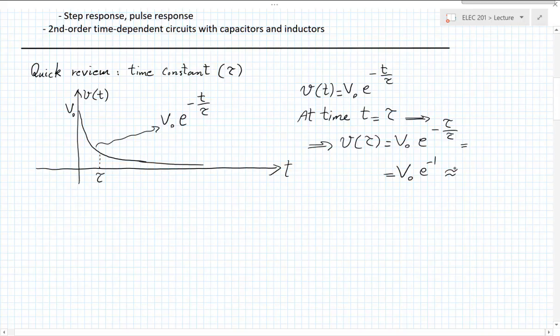So you get approximately 0.37 of V naught.